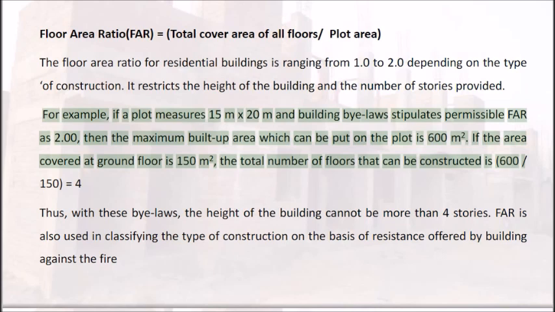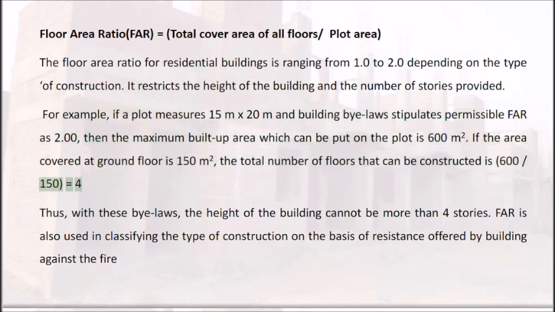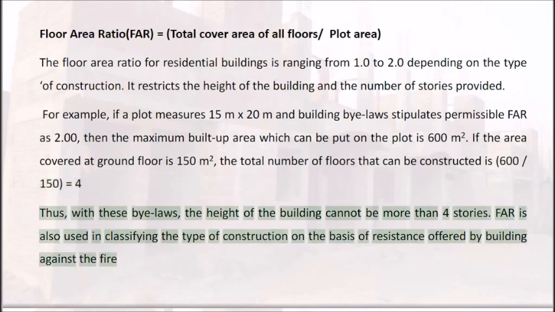If the area covered at ground floor is 150 square meters, the total number of floors that can be constructed is 600 divided by 150, which equals 4. Thus, with these bylaws, the height of the building cannot be more than 4 stories. FAR is also used in classifying the type of construction on the basis of resistance offered by the building against fire.